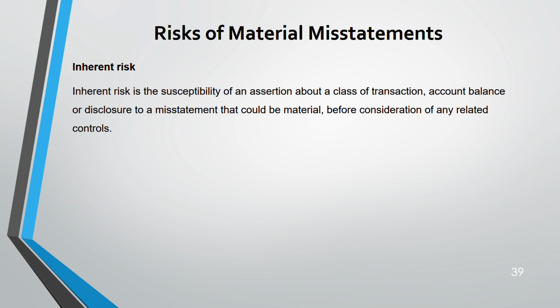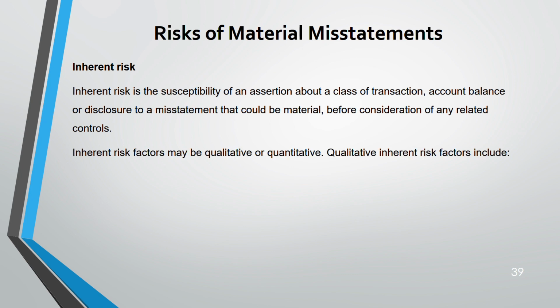No matter whatever you do, there will be a risk of material misstatement. And this inherent risk is usually taken before you apply any control. Before any related control, what could be the risk? Now, it could be quantitative as well as qualitative. Inherent risk factors. Now we'll go through some qualitative inherent risk factors.